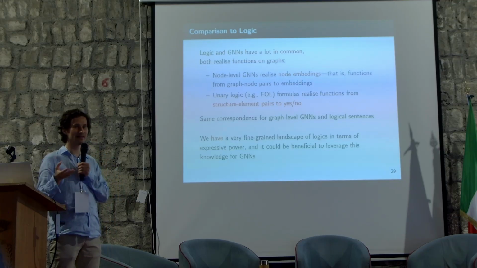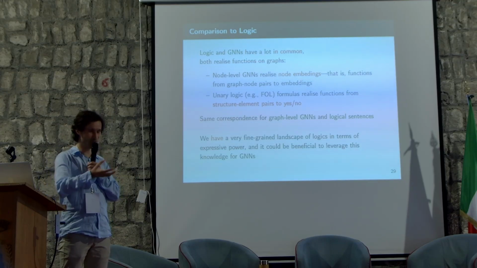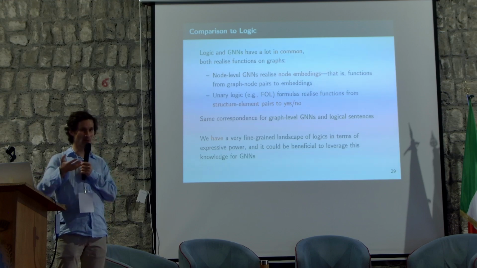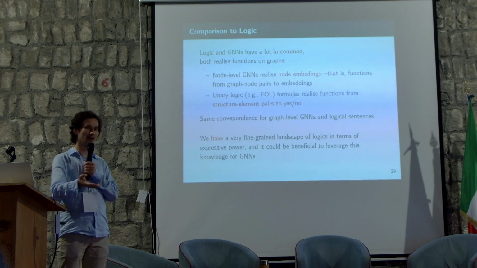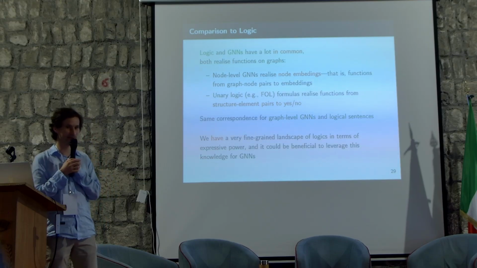Plus, another thing is that in logic we usually have unary predicates A, B, C for each node in the graph. GNNs have vector embeddings, right? So they assign to each node a vector of numbers.